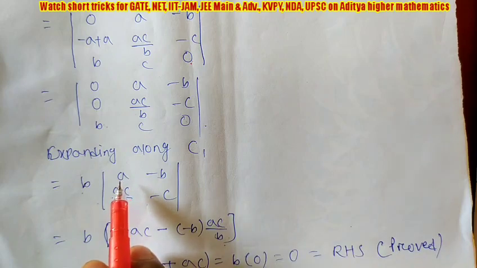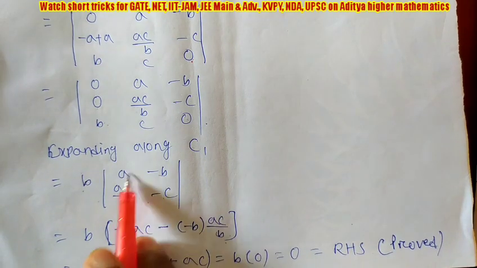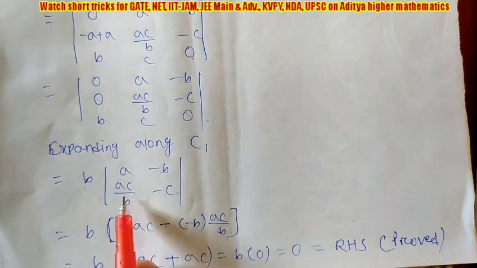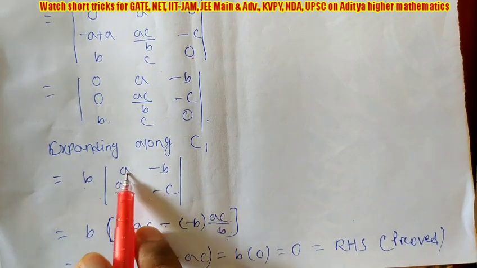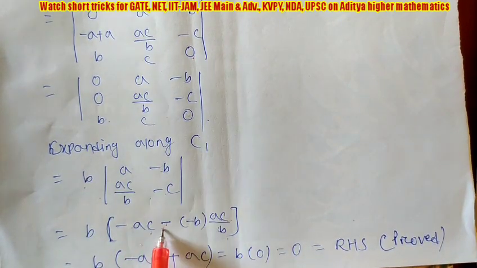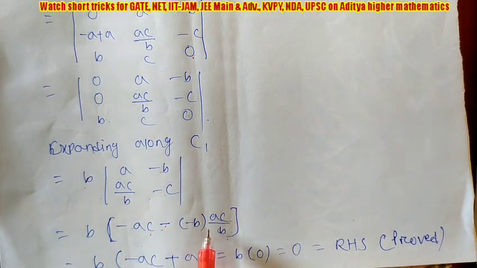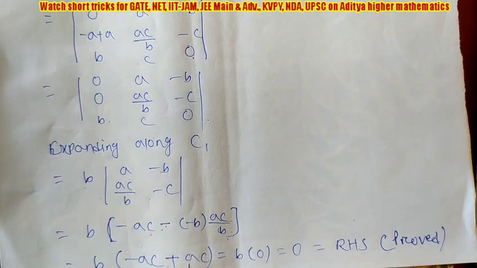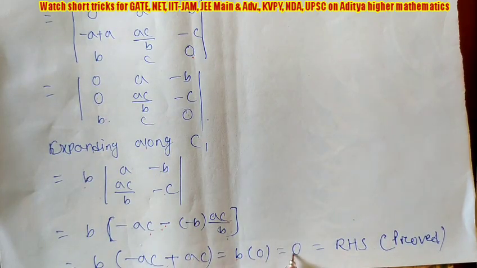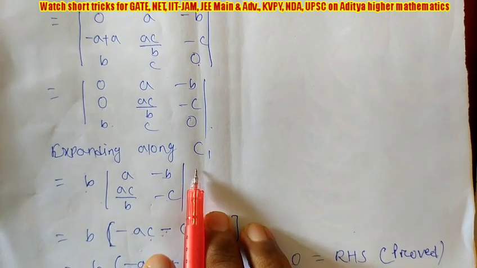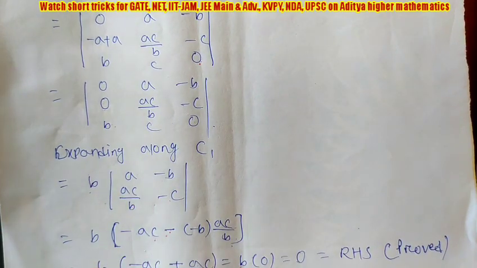Then you know how to evaluate 2 by 2 determinant. Just multiply the diagonal elements minus, again multiply the non-diagonal elements. So minus AC minus B multiplication AC by B. So you can see B will cancelling and minus is plus. So AC minus AC is 0, B multiplication 0 is 0. This is RHS. So that expand is nothing difficult.